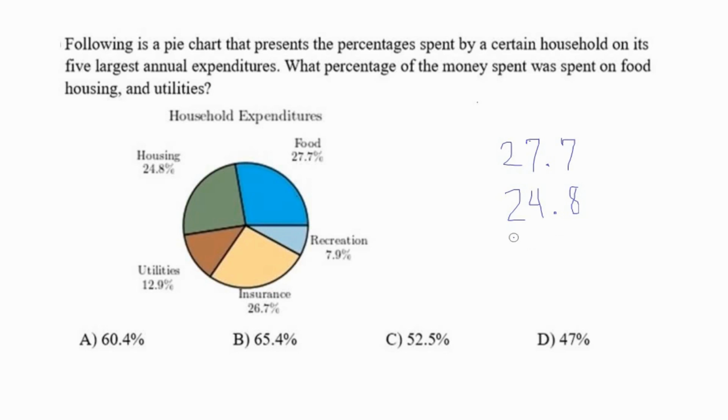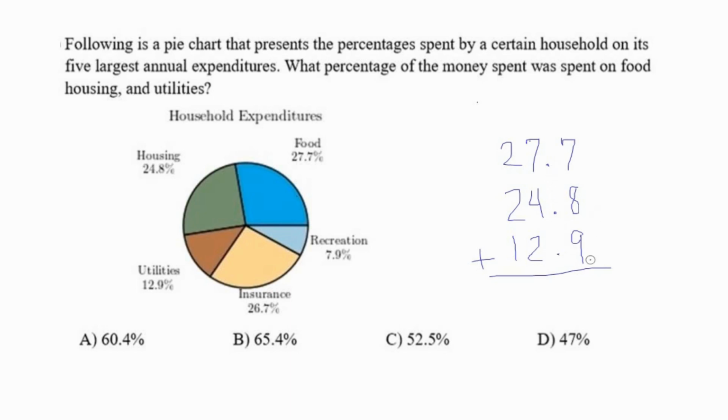And then we have utilities at 12.9%. So now I have all 3 of my percentages written down, and I'm now ready to add. I have all of my decimals lined up together.